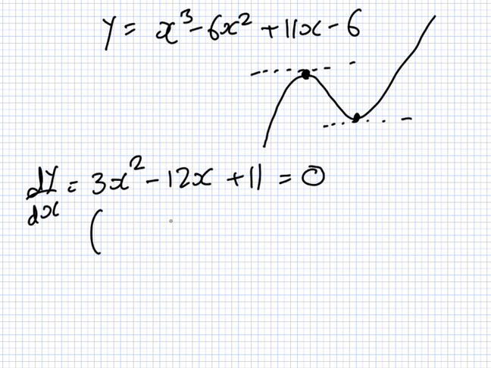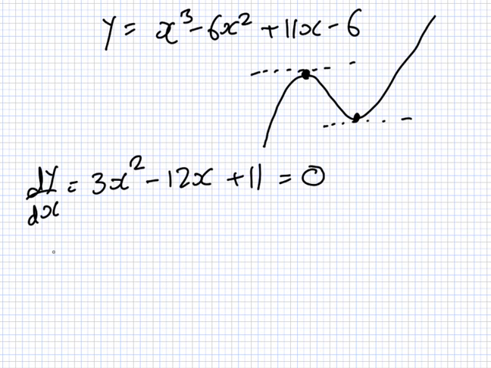Now this has factors. We'll need a 3x, I think, and I don't want to put the 11 here, so I think I should, oh dear, does it have factors?